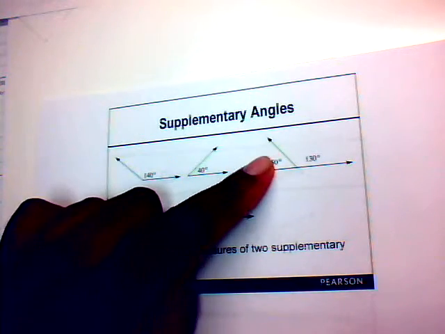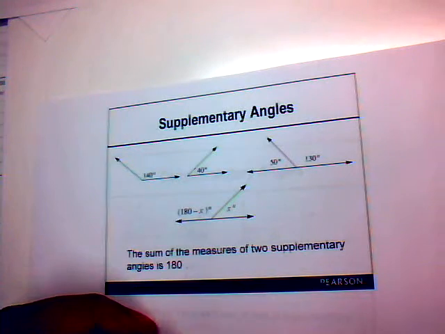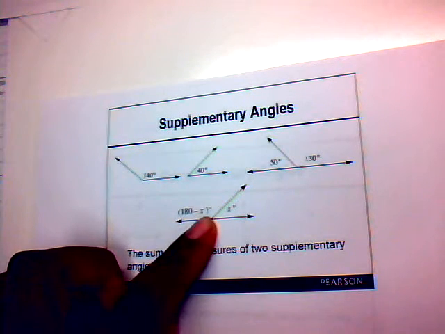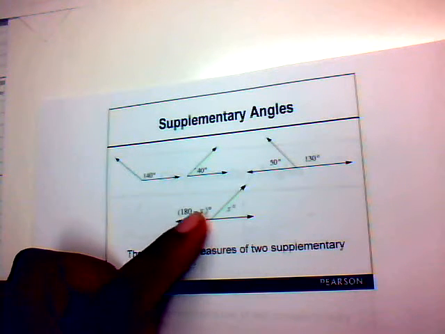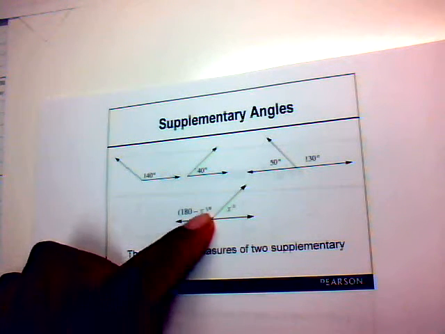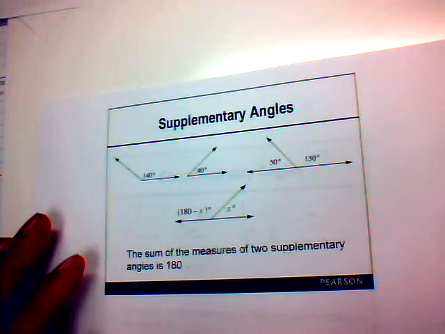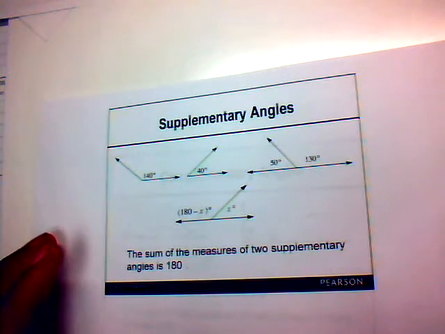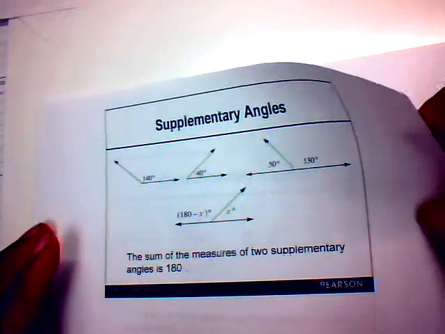Also, 50 degrees and 130 degrees, those two add up to 180. Also, 180 minus x degrees and x degrees. Well, add 180 minus x to x, the x's cancel, you're left with 180. So the sum of the measures of two supplementary angles is 180 degrees.